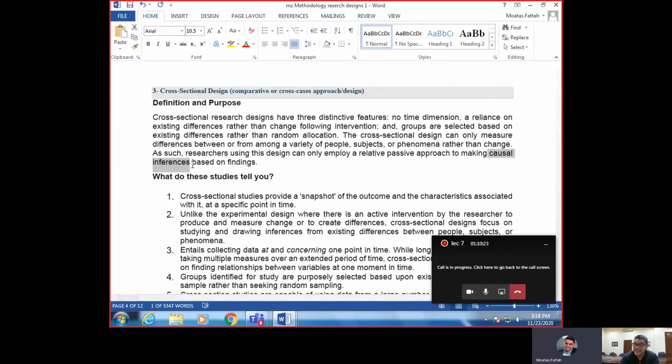You can easily deceive us, especially if you are selecting on the dependent variable, meaning selecting on similar dependent variables. You might say, okay, I'm going to examine the causes of civil wars. I will compare 3 cases: Syria, Yemen, Libya.